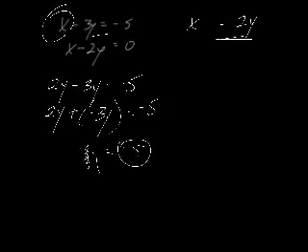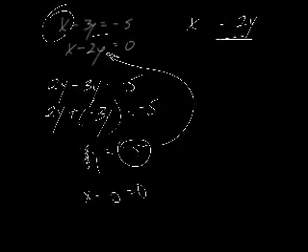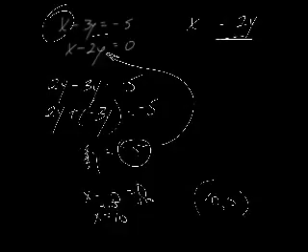Now all we have to do is take this 5 and plug it in either one of these equations. So x minus 2 times 5, which is 10, equals 0. So x equals, add 10 to both sides, 10. So x is 10, y is 5, and we're done there.